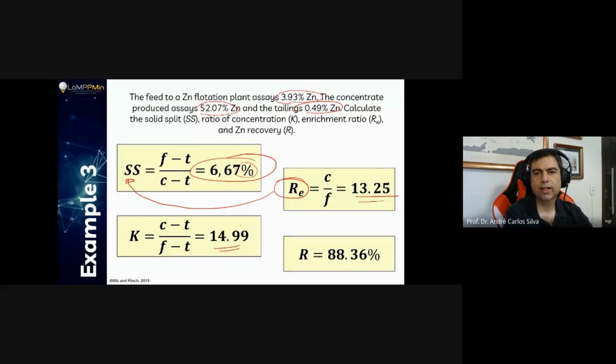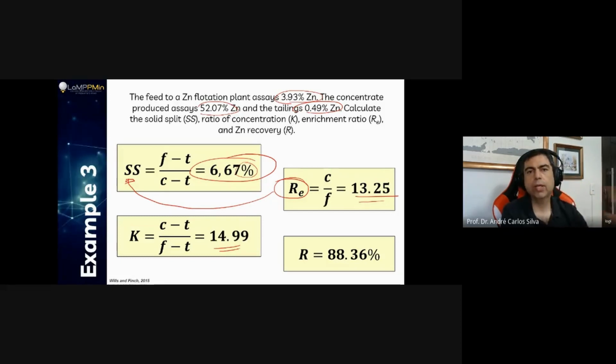And last but not least, we can just input all the grades into the recovery, and we got 88.36% of recovery. Just take a look at this and imagine the same scenario. We can't talk about mass yield, because we don't know about mass. But one thing that we can also do is consider the feed as just one.